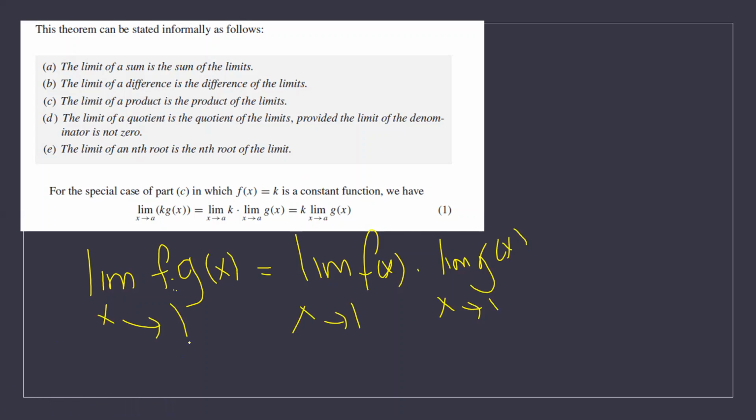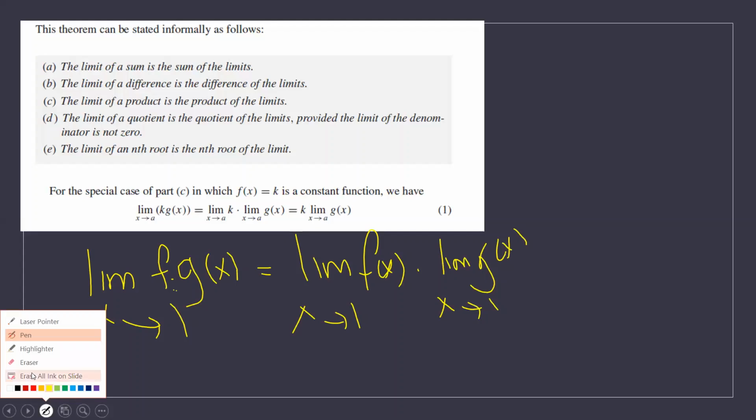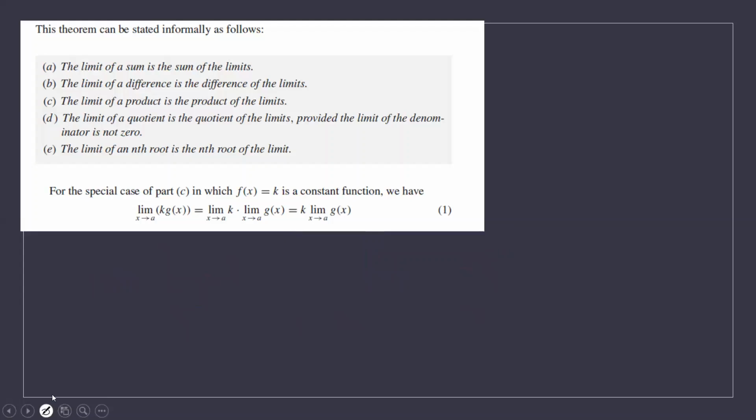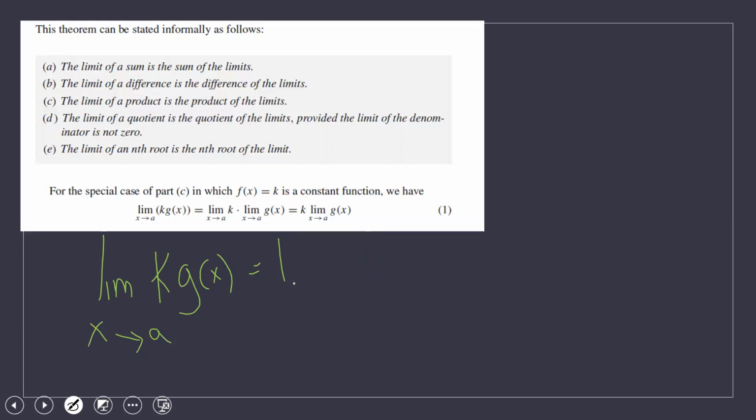If you have two functions that are multiplied, the limit of the product is the product of the limits. There is also a special case: if you have the limit of any constant k times g of x, it is a product of the constant times the limit.